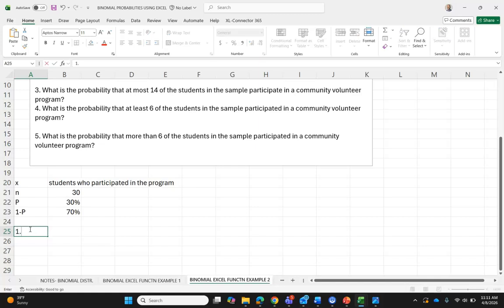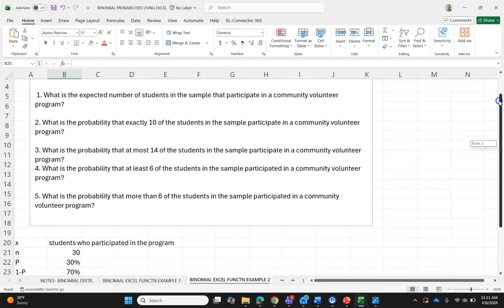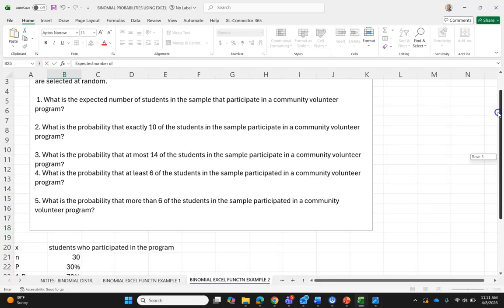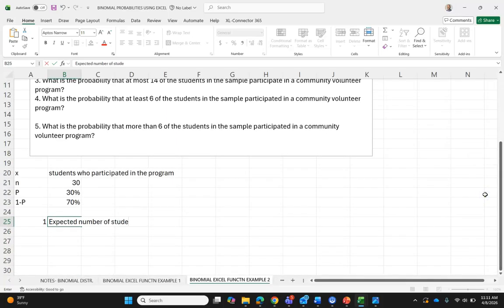So I'm going to write 1 here, and in this case we are looking at what is the expected number of students in the sample that participated in a community volunteer program, the expected number of students who participated in the program.